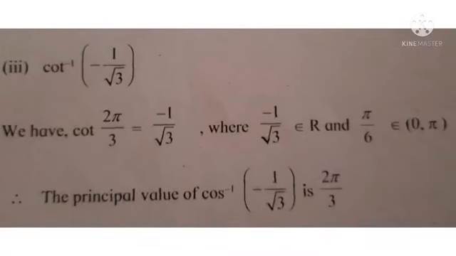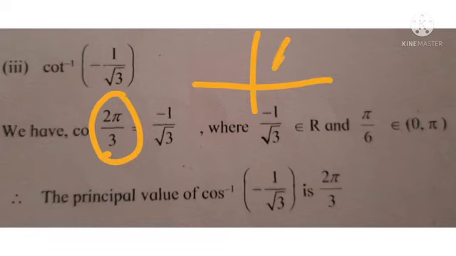See the third one: cot inverse minus 1 upon root 3. Student, you know which value of cot is negative? You observe from this table, all students take coffee.